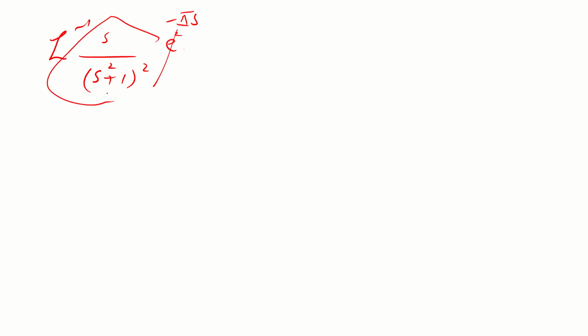If you want to find the Laplace inverse of s divided by (s square plus 1) whole square into e power minus pi s, I just gave you some idea, pi by 2s. So we will first find the partial fraction of this one and then apply Laplace inverse. This could be written as s divided by (s square plus 1) whole square.